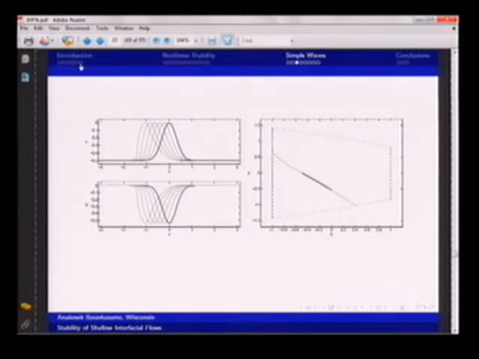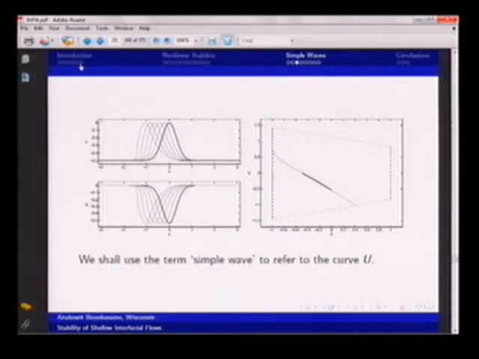That initial data is actually a closed loop, but it lies entirely on the curve u. And what happens is the solution evolves, but it always remains on the curve u. Since I'm going to use the curve u more often, I'm going to abuse the language and use the term simple wave to call the curve u instead.